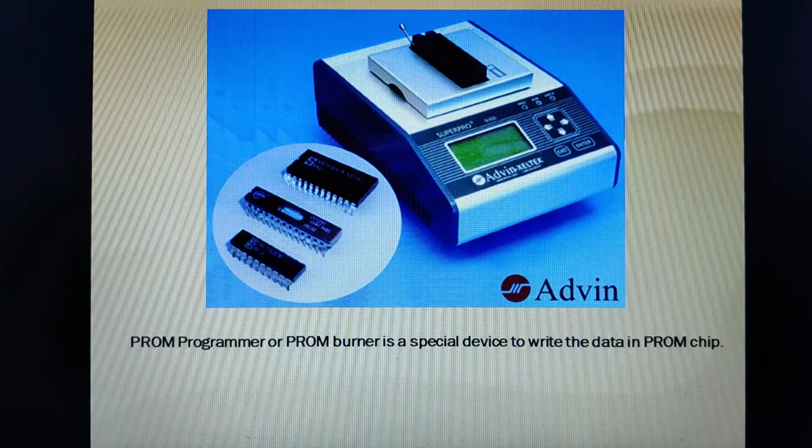Here you can see by using this particular special device, the contents are being burnt or pre-recorded into the PROM chip at the time of manufacturing. So this PROM chip is again a kind of non-volatile memory. Non-volatile means the contents remain as it is even when there is no power supply. I hope you are able to understand.